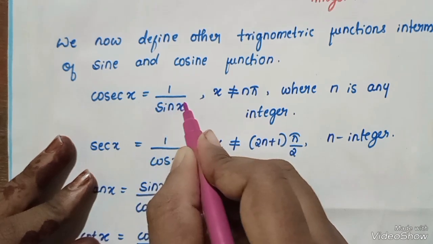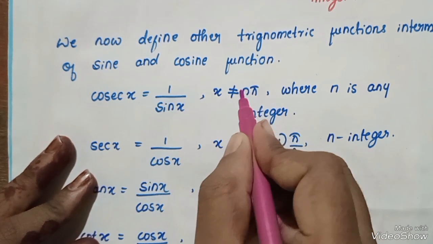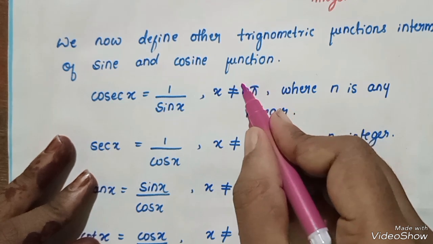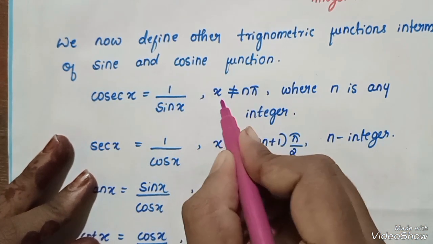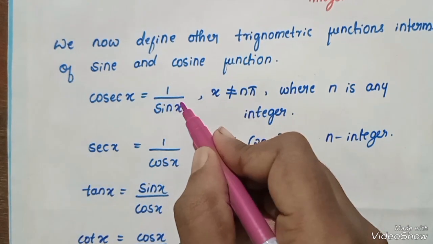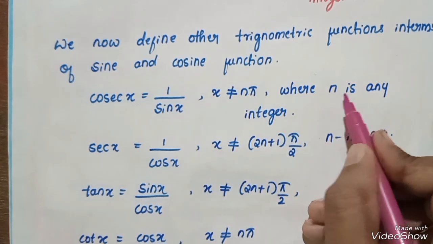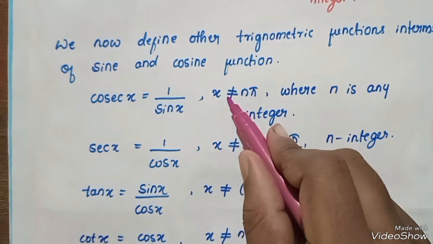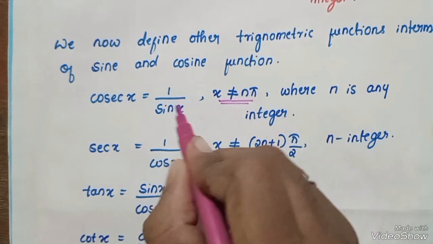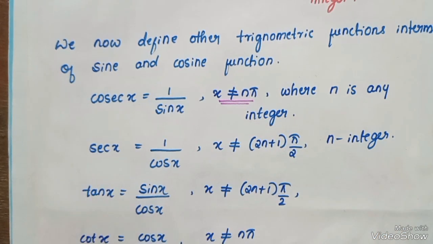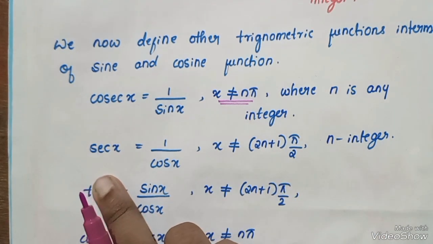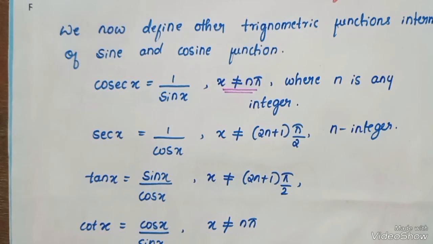Sin x becomes 0 when x equals n pi, for any integer n. So our function cannot be defined at those values. Other than these numbers, we get a graph, or a definite solution, for cosec x. Similarly, for sec x we consider the graph.